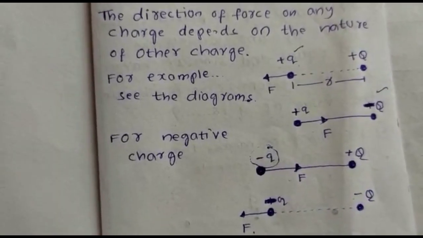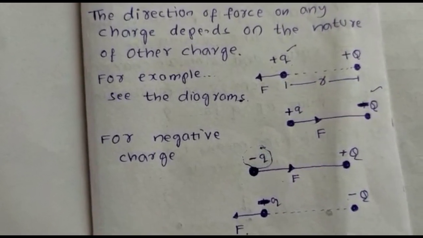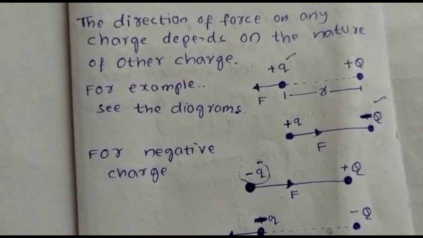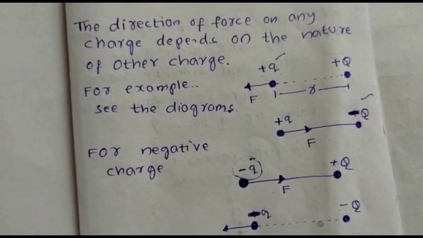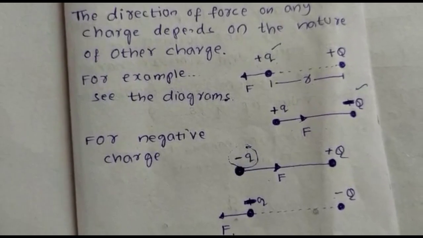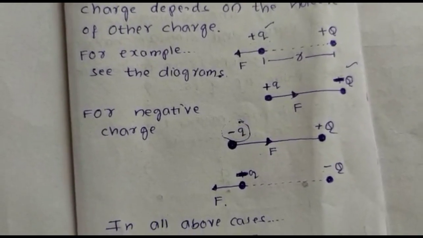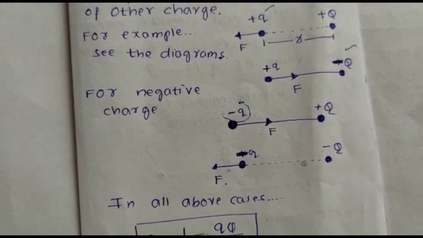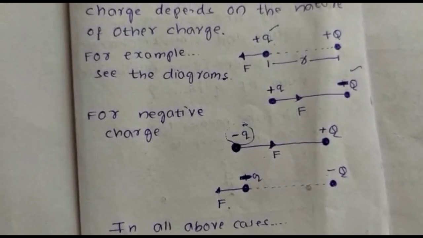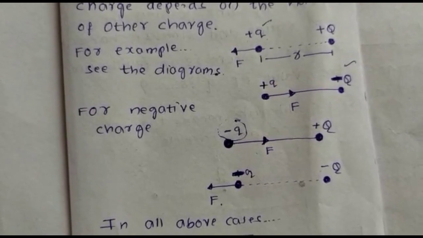And one more important point: on whichever charge you are going to calculate the force, on that charge only we have to show the direction of the force. That is very important. Before solving problems in electric charges and fields, all of you please refer to the vectors topic in the first year.